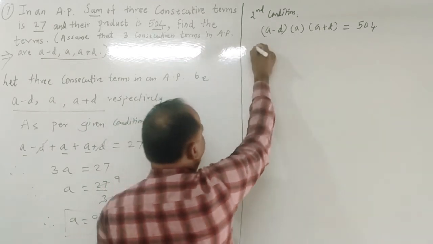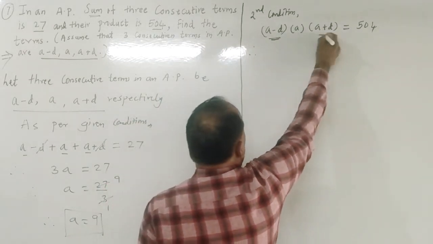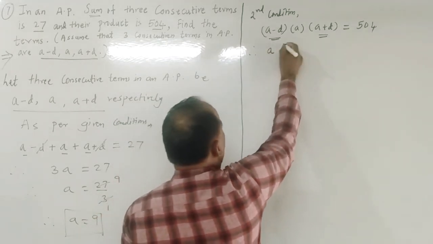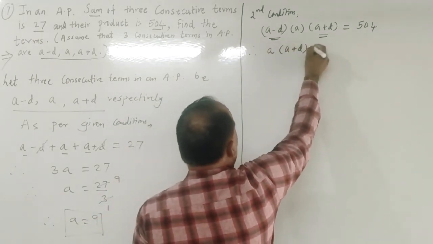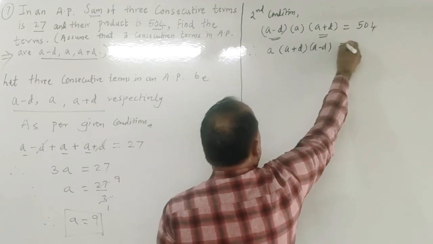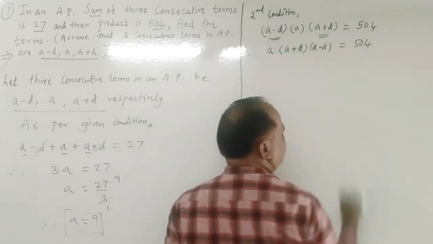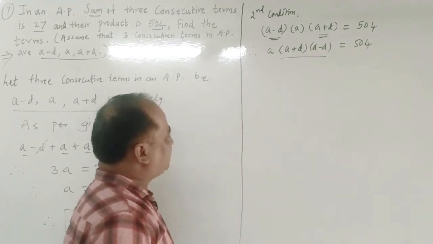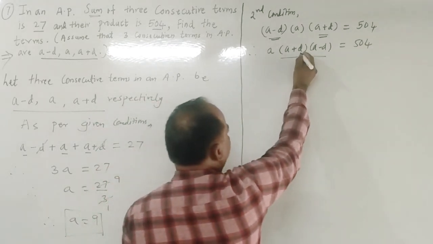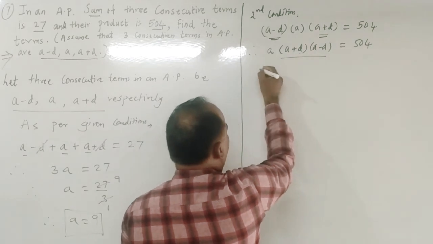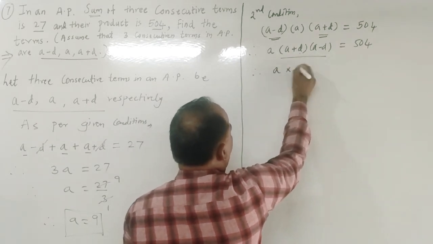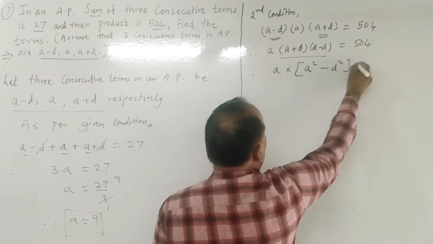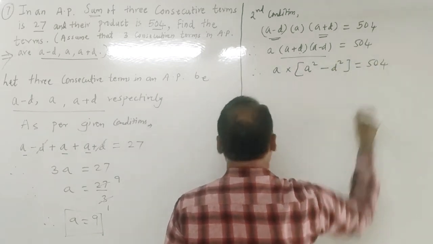Now a plus d and a minus d, bring together: a into (a plus d)(a minus d) is equal to 504. Now here identity (a plus b)(a minus b), instead of b there is d. So therefore a into (a square minus d square) is equal to 504.